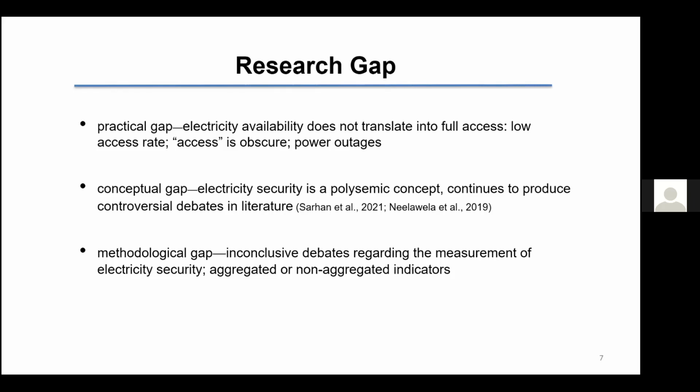We are still a country comparably in sub-Saharan Africa with the lowest access rate. But even this access itself, the 42%, if we interrogate it, is also obscure. Is access about having a power line into your house, or actually pressing a switch and making sure electricity is on? What about the outages themselves that we are seeing today?